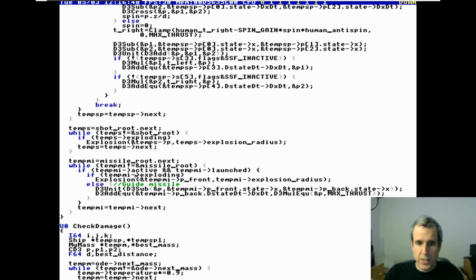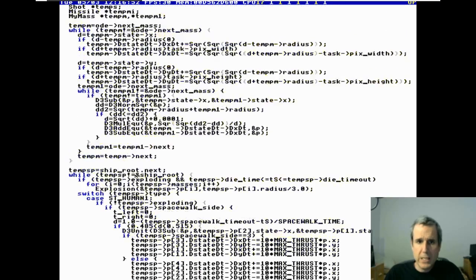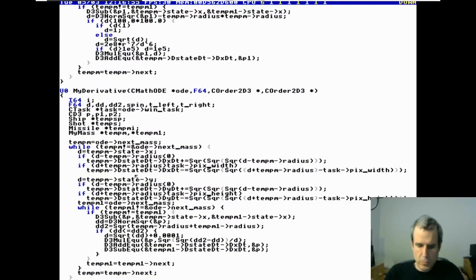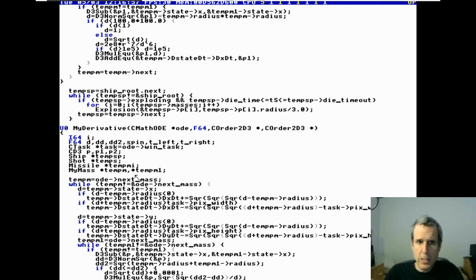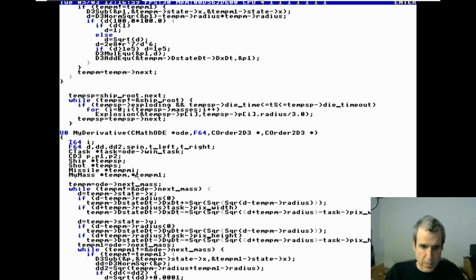We should do a subroutine. So let's find the target mass. We want the ship. Okay, so might as well do a my mass. Target missile. Ship.